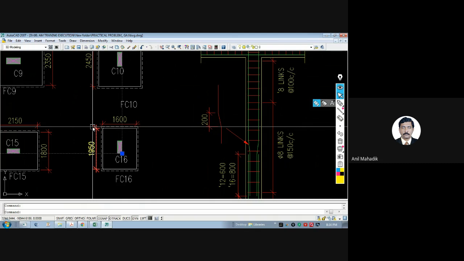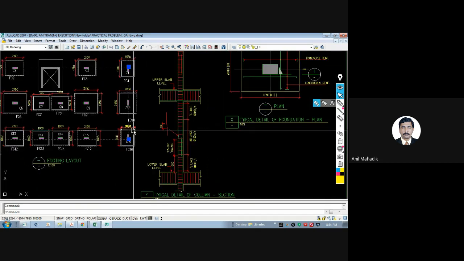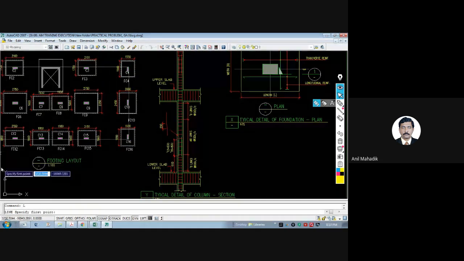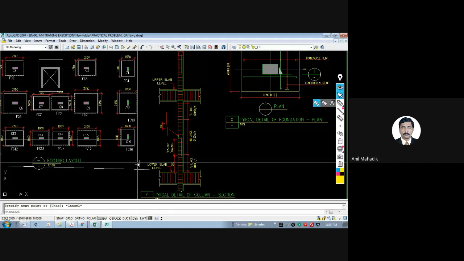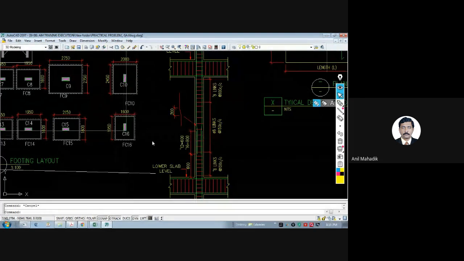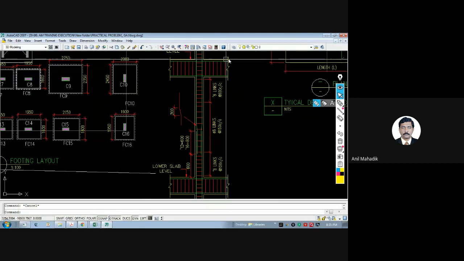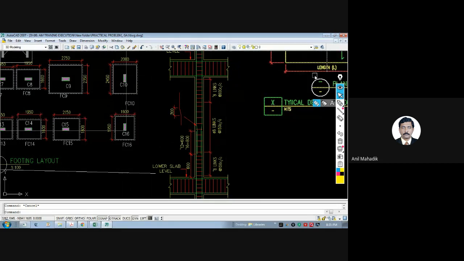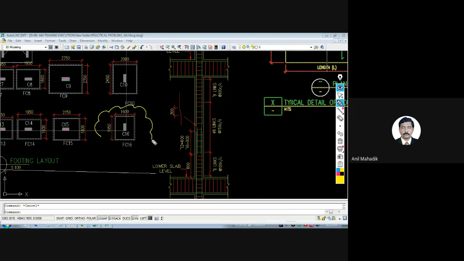Let's say there is some problem with the bylaws in the municipal corporation. As per the building line or plot line, there may be an issue regarding this column location. So what can I do? I can keep this column on hold. I will cloud this first, and I will write over here in AutoCAD as hold. Hold means the contractor will not do the work of this column.